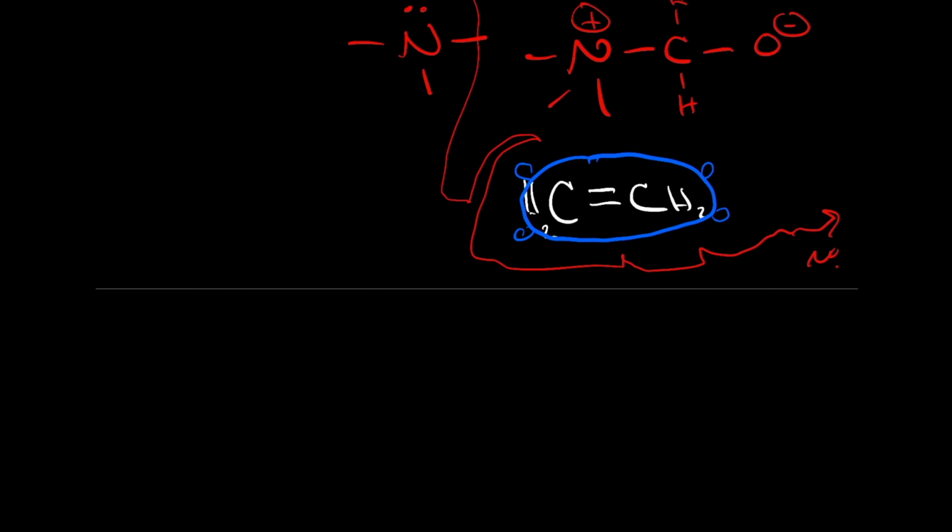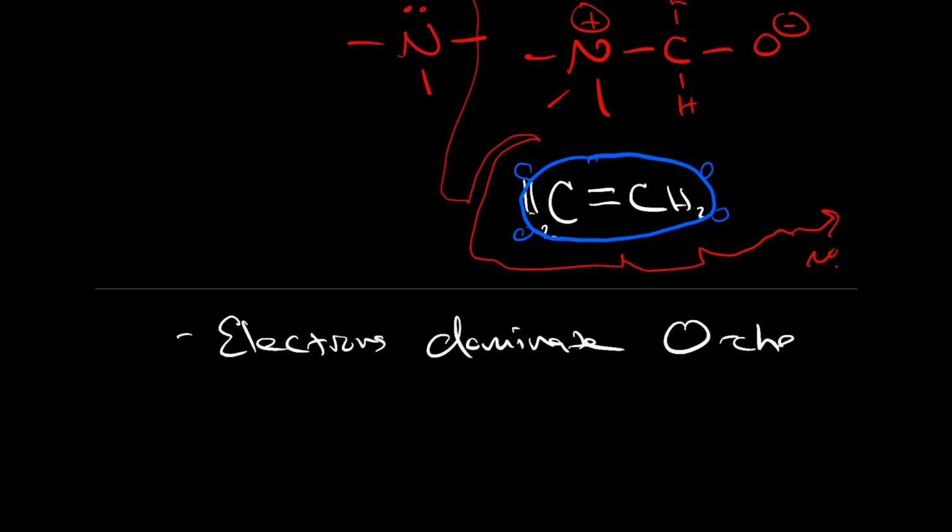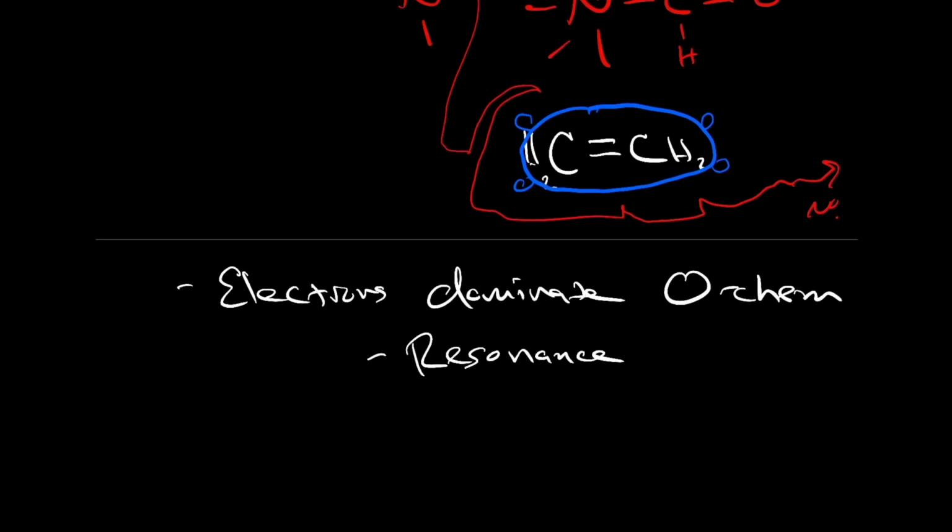Takeaway from this lecture: electrons dominate OChem, okay? And it's the electronic structure of carbon really that sort of gets you there. And this is really found in resonance forms and orbitals.